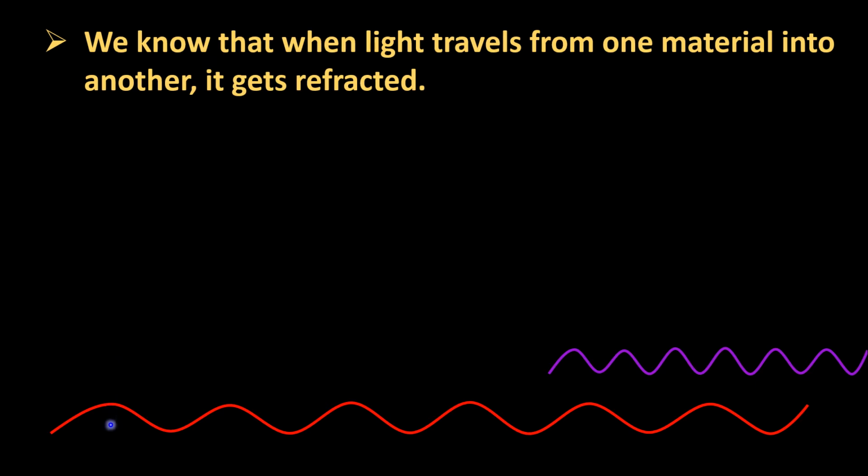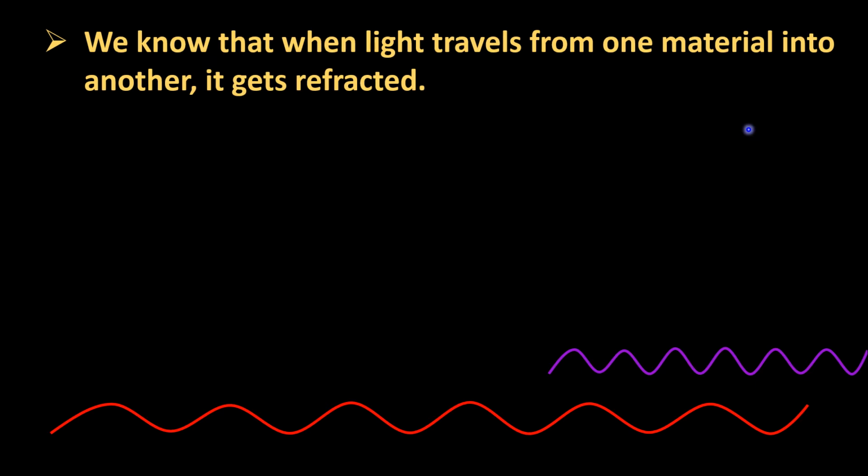The distance between two consecutive crests or two consecutive troughs is called wavelength. The wavelength of red color is from here to here, this much distance. In case of violet light, the wavelength is less. So it is the wavelength that determines the colors of different lights.